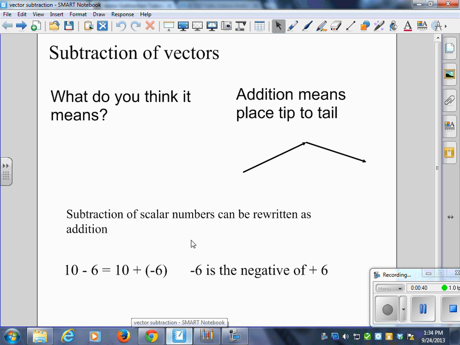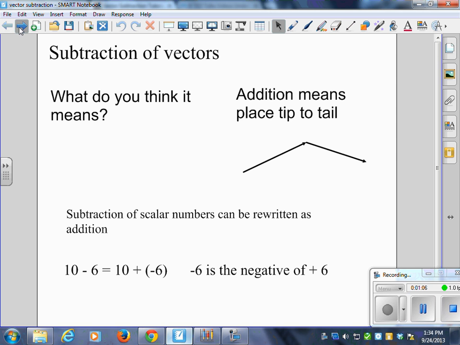Something like 10 minus 6 is the same as 10 plus negative 6. Agreed? Okay. And negative 6 is the negative of plus 6, right?